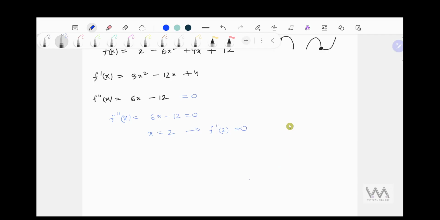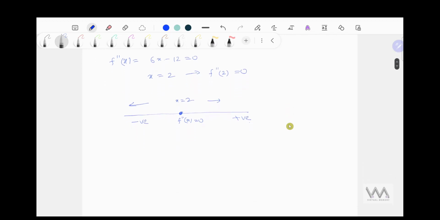So what this means is, if the second derivative is 0 here at x equal 2, and it changes sign for other values of x on either side, let's say negative here and positive here, or positive here and negative here, then this is an inflection point. So let's see how that looks.